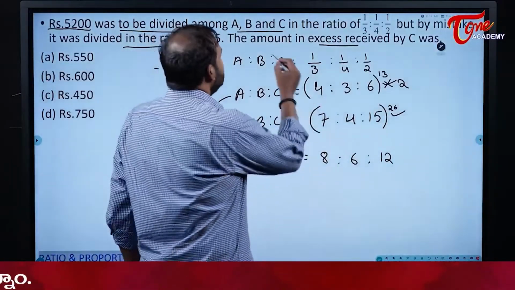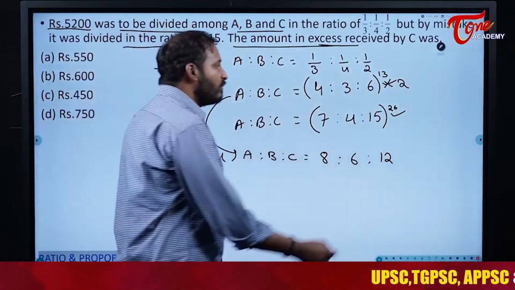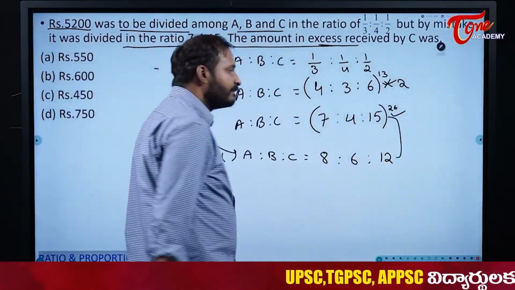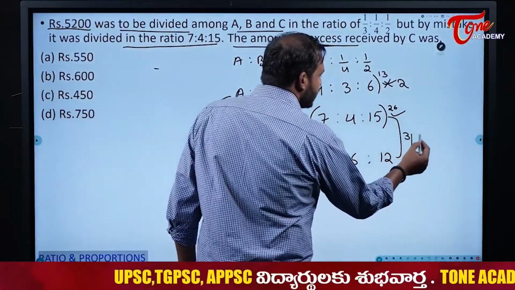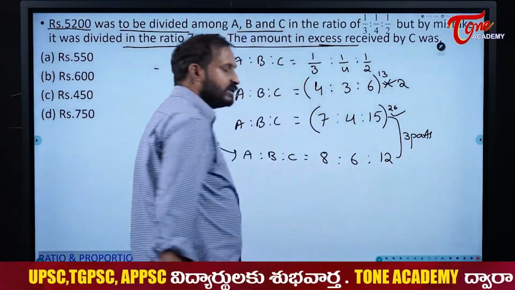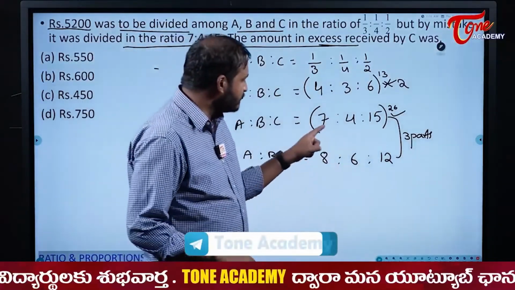What happened to C? What is the amount in excess received by C here? Tell me. 3 parts. He received 3 parts in excess. Now from where has he taken these 3 parts? Please observe here.